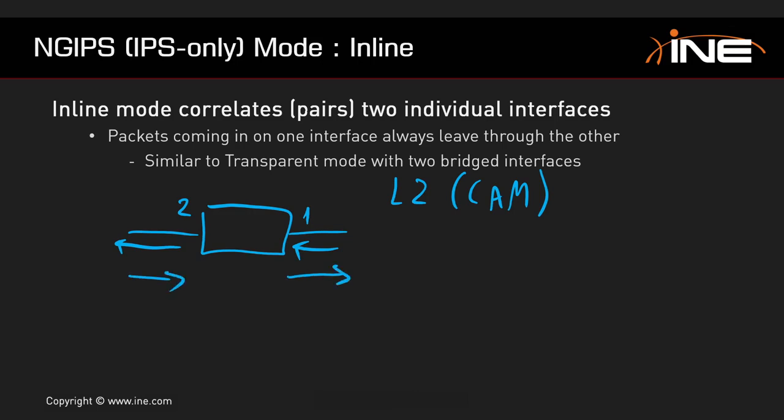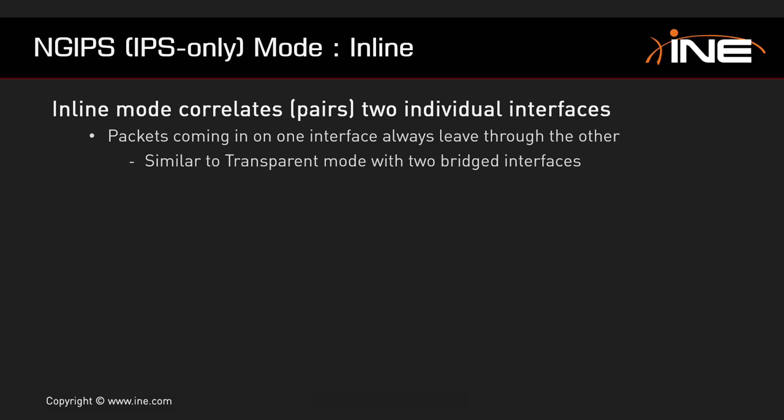So in this case, this is more like a layer 1 mode, because the device acts as a repeater or sort of a two-port hub. And what it gets on one interface, it forwards out of the other. It doesn't even look at the layer 2 information in the frame.